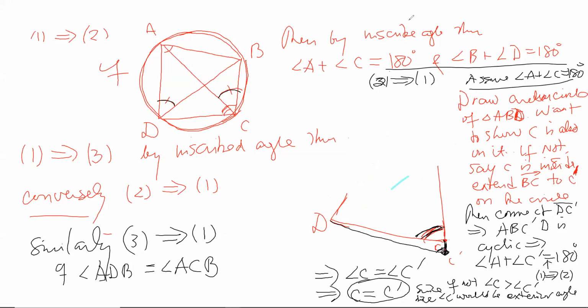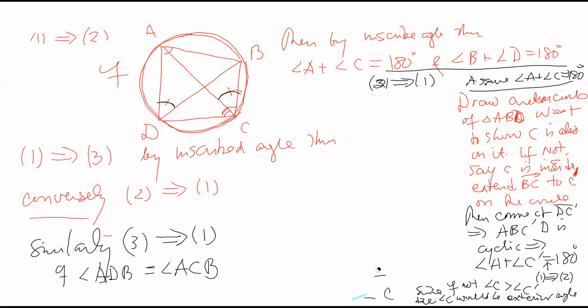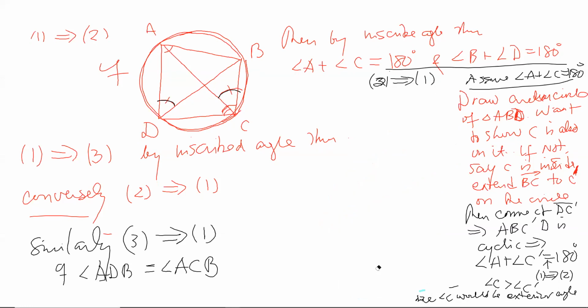Because ADB is the inscribed angle of the chord AB, and ACB is also the inscribed angle. Well, listen, we don't have a circle yet. 3 implies 1 says that suppose we don't have the circle.